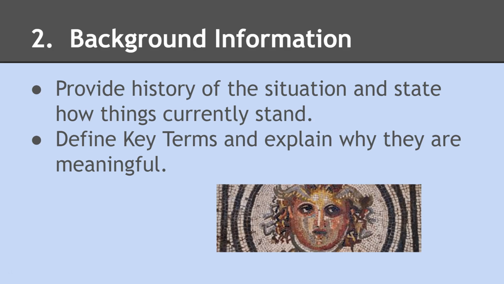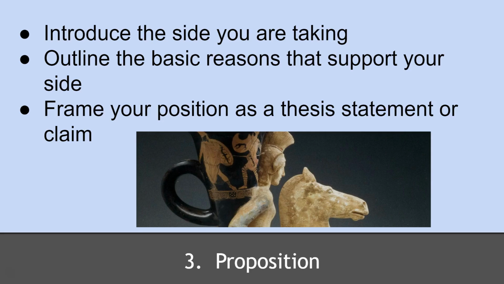And so that's why it's so important in your background information if you have a complex or a complicated topic, or even if you don't. If you're doing the right to die, you may want to talk about which medicines are used to perform this procedure. So, defining key terms and providing historical reference to your topic. Generally, depending on the topic, this can be 1 to 2 paragraphs.